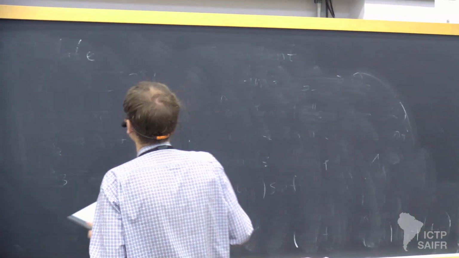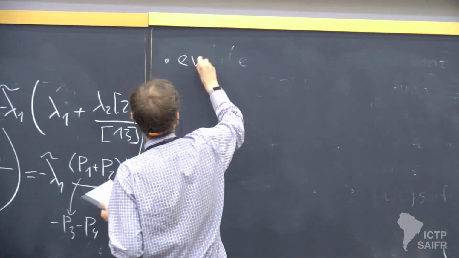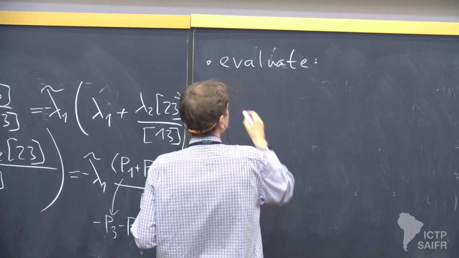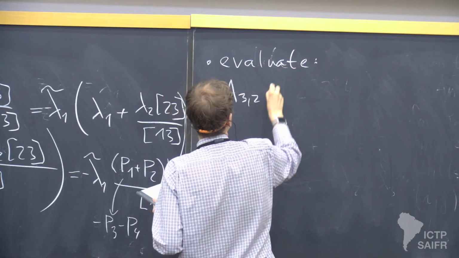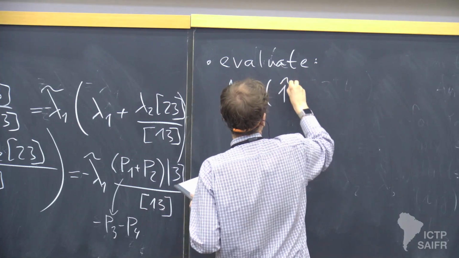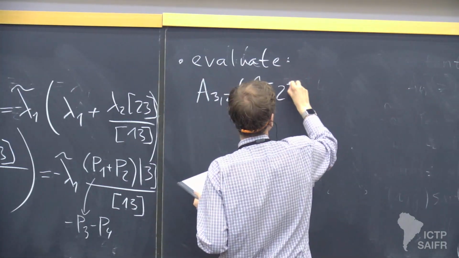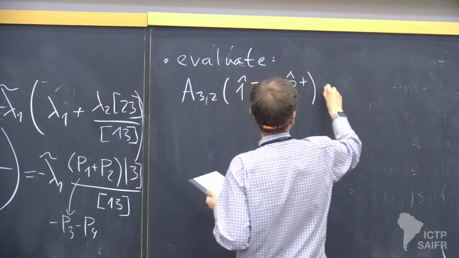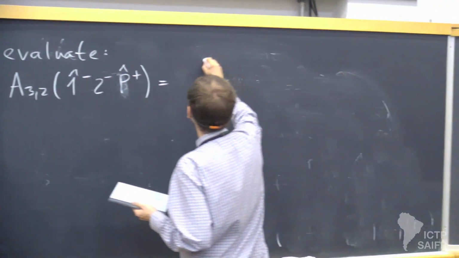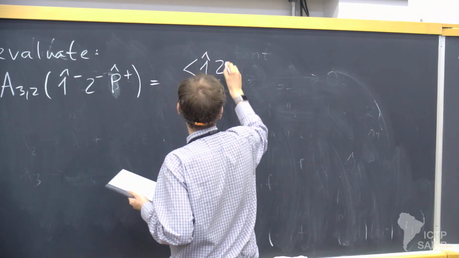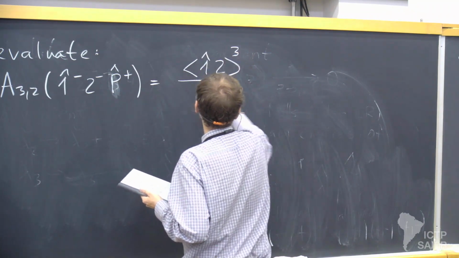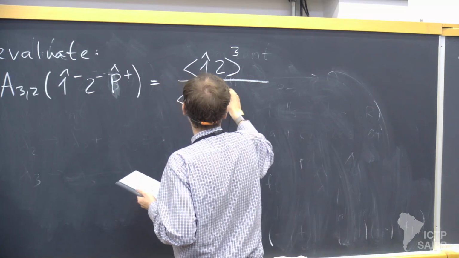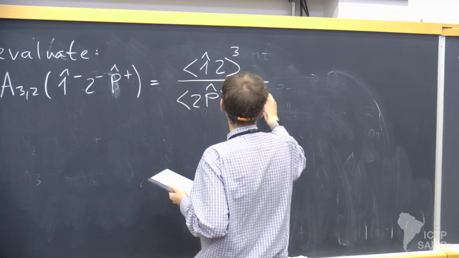Okay, so now let's evaluate the 3-point amplitudes. So we have the 3-point amplitude 1 hat minus, 2 minus, p hat plus. This amplitude is given by 1 hat 2 cube divided by 2 p hat 1 p hat.